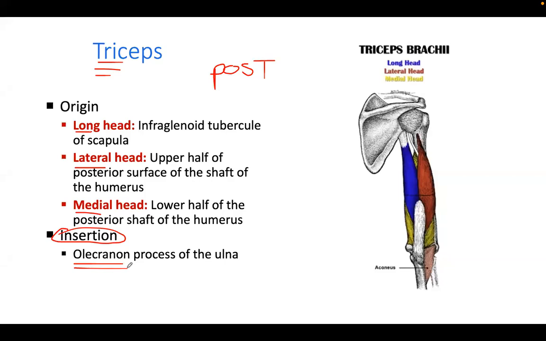All three heads of the triceps are inserted into the olecranon process. That's why elbow injuries usually result in weakness of the triceps muscle, because all three heads of the triceps are inserted into the olecranon process.